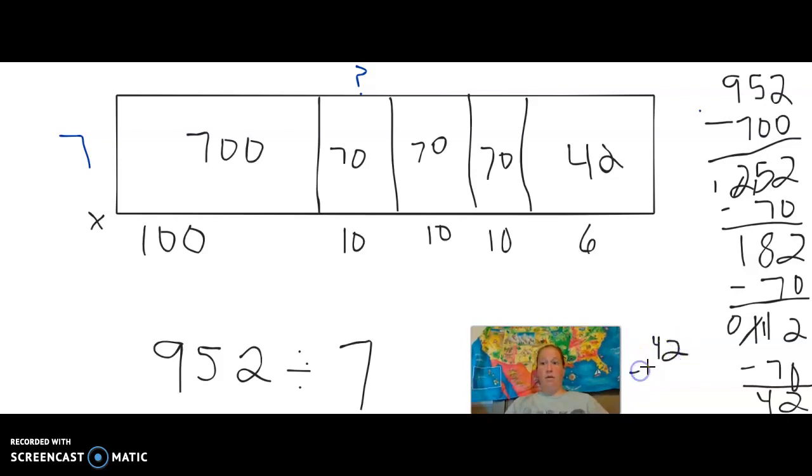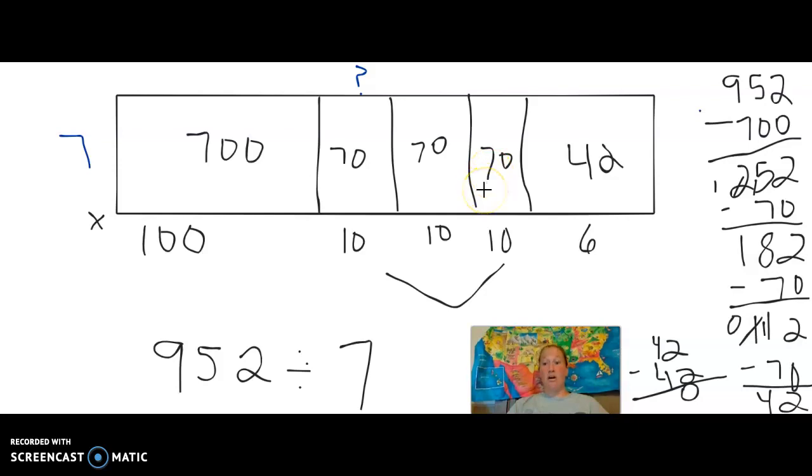Okay. If you notice, we could have said to ourselves right here, 30. If we had done 30, it was equal to 10 sevens, 140, 210.